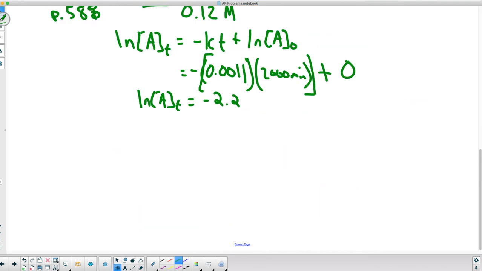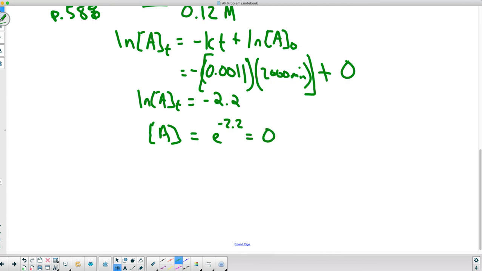That means, moving on, that the concentration of A equals e to the negative 2.2. So I'm going to put that to e. I made a mistake there. Negative 2.2, e to the x.